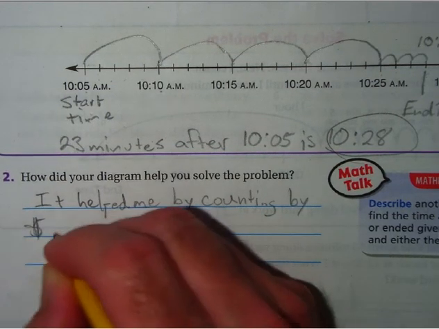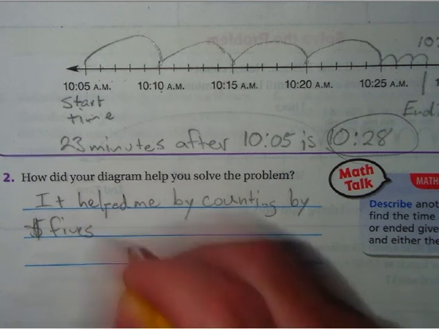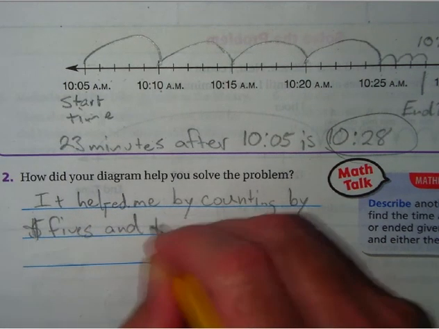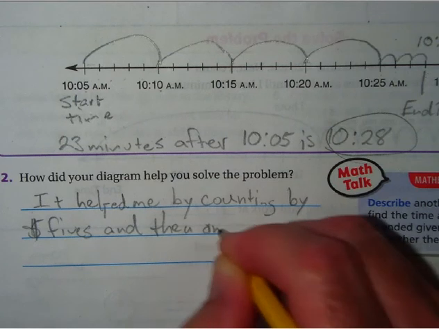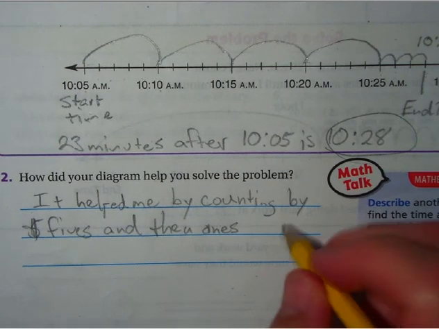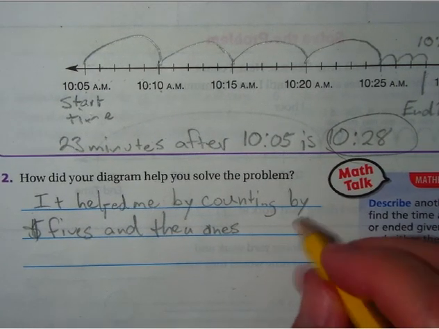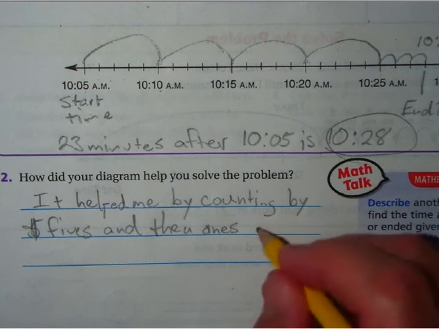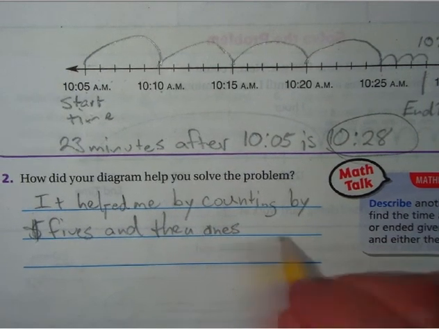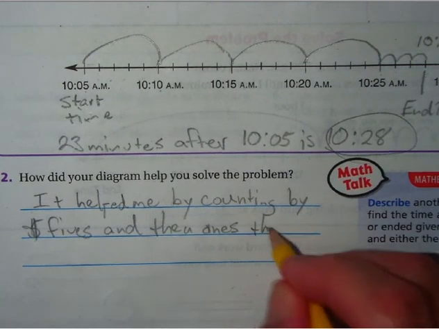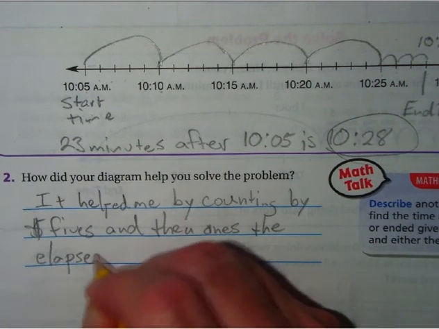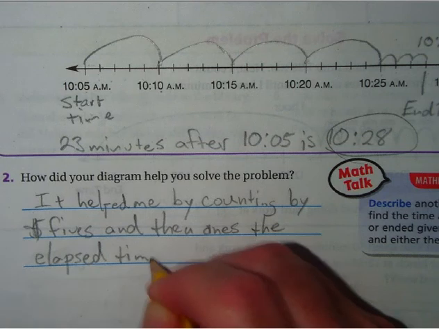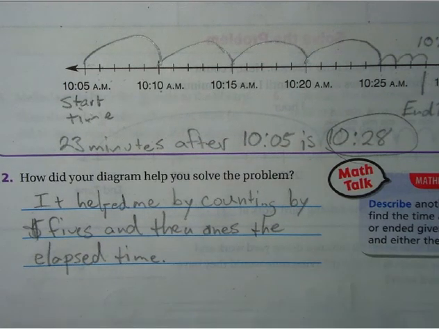I better write the word fives, and then ones. And only by counting by fives and then ones the elapsed time. All right.